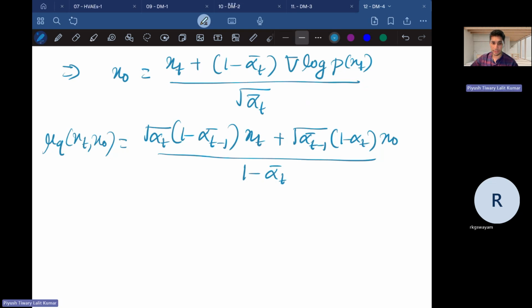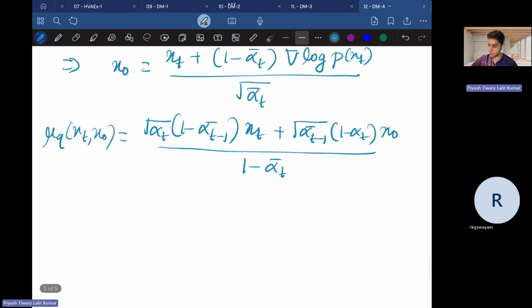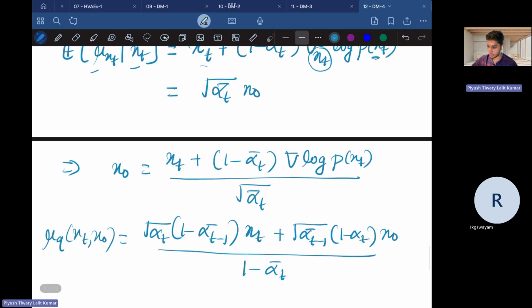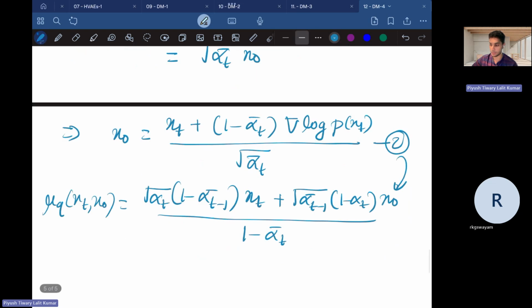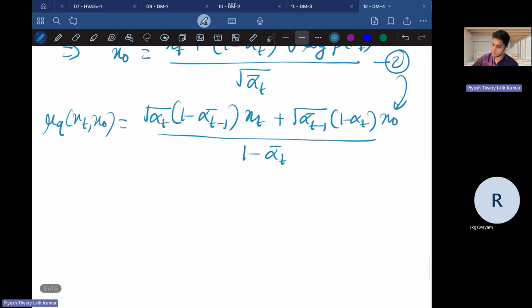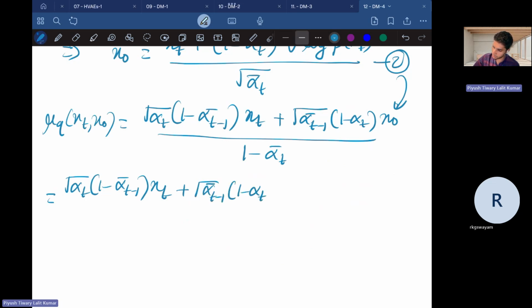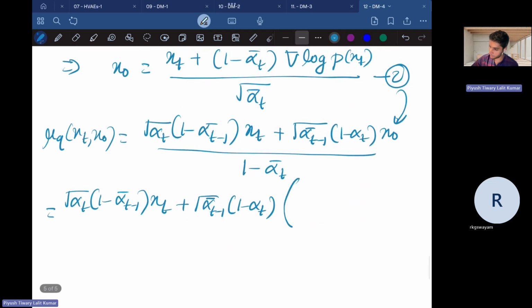If this is the distribution, again the idea is quite simple. This is the x naught value. We'll substitute it here. That's all. So let's do that. It will become square root of alpha t, 1 minus alpha t minus 1 bar, xt plus square root of alpha t minus 1 bar, 1 minus alpha t. What is the value of x naught?